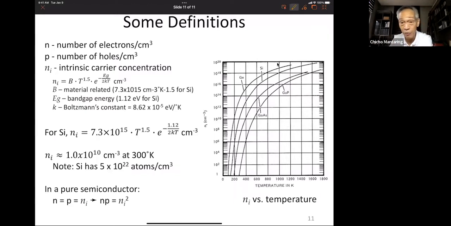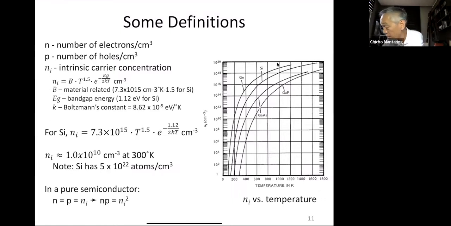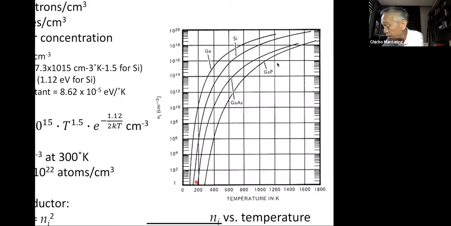Now that's a function of temperature. So you see here for silicon at 0 degrees Kelvin or close to 0 degrees Kelvin, your intrinsic concentration is 0, and then as your temperature rises, your intrinsic concentration becomes higher and higher. Room temperature is somewhere here, 300.